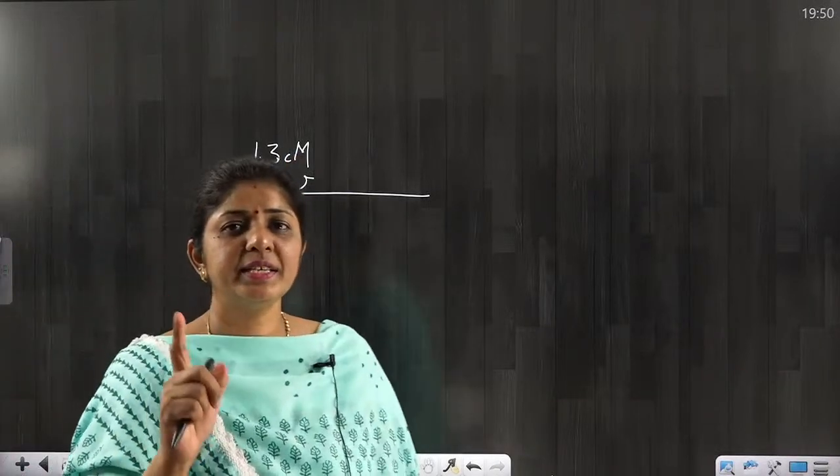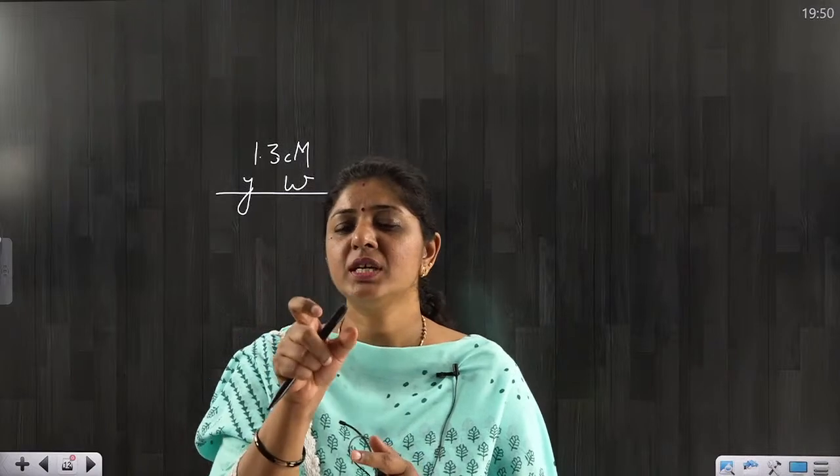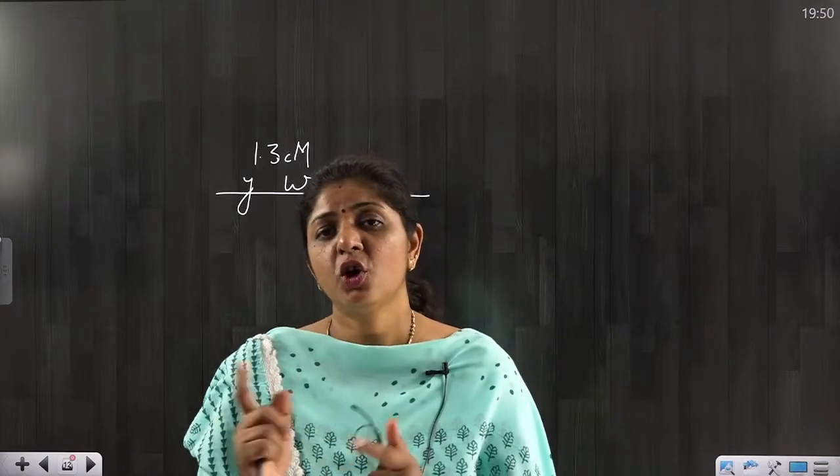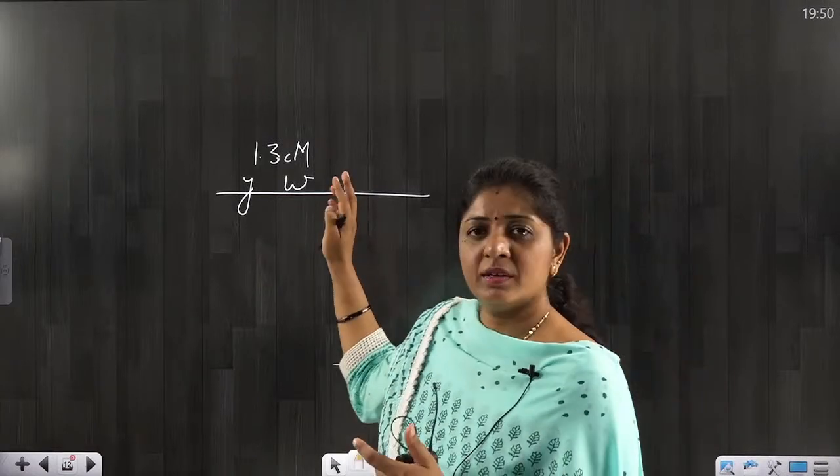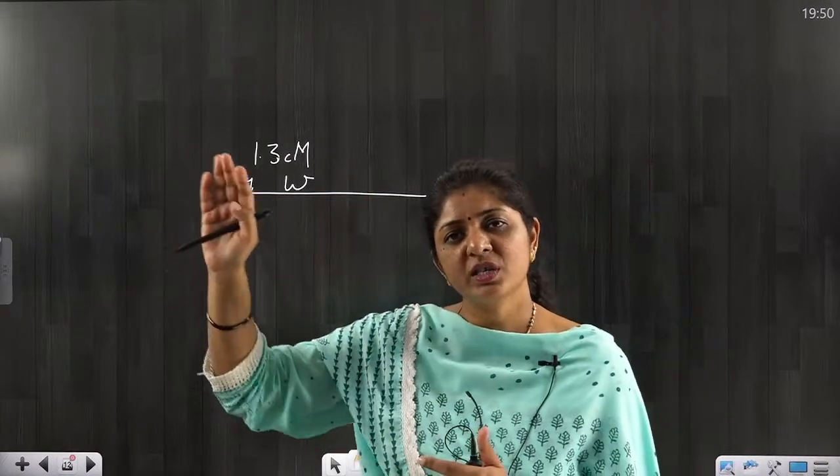Just the percentage I said, you have to convert into distance. 1% is equal to 1 map unit. You have to calculate the distance based on the percentage of recombinations, not based on the parental types. So what is the distance between those genes? That is 1.3 centimorgans according to cross A.